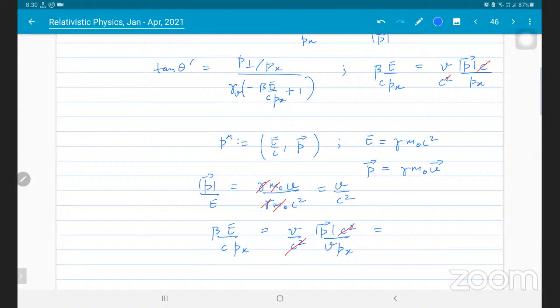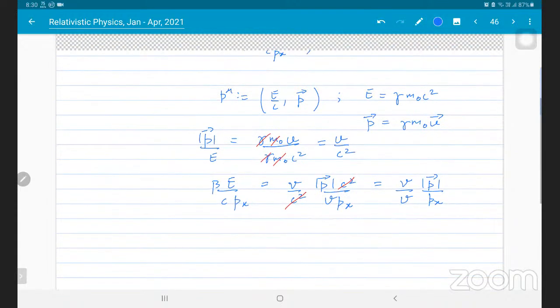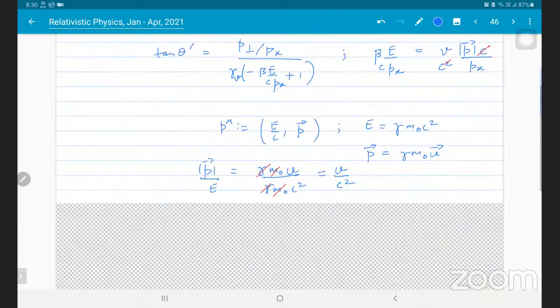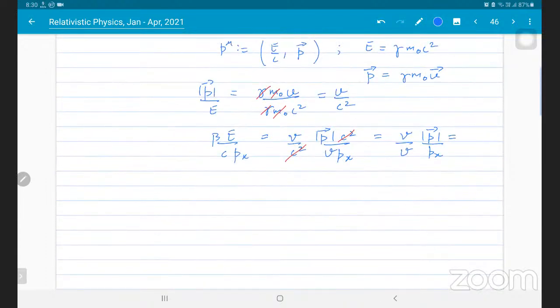And now I have velocity v divided by velocity u, and p by px. And what is this p by px? P by px is equal to 1 by cosine theta. So I can write that as v by u cosine theta.